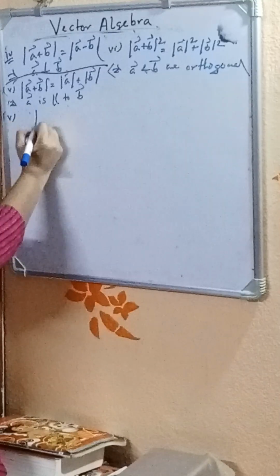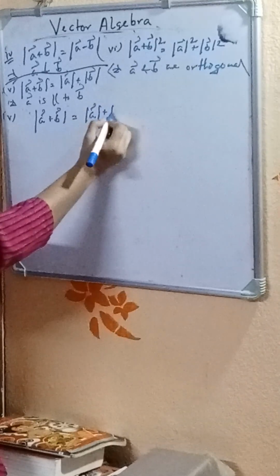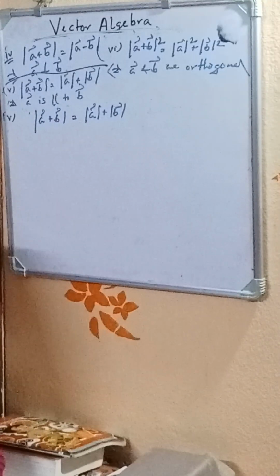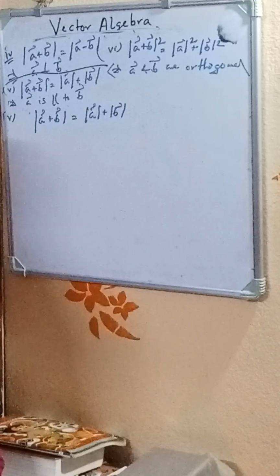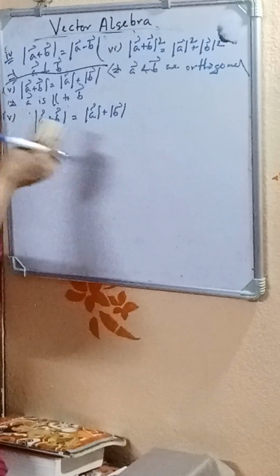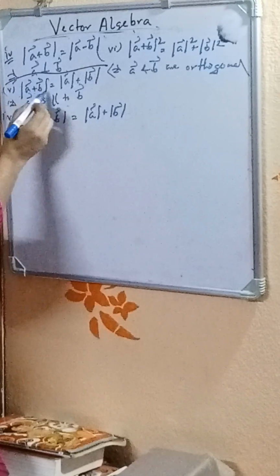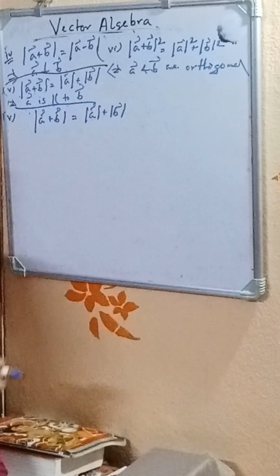Number 5. Modulus of A vector plus B vector equals modulus of A vector plus modulus of B vector. This implies that A vector is parallel to B vector.